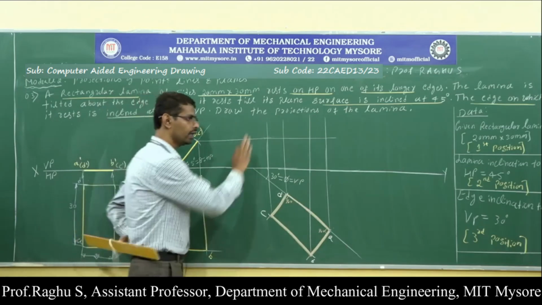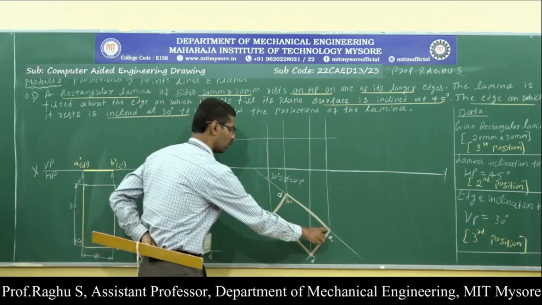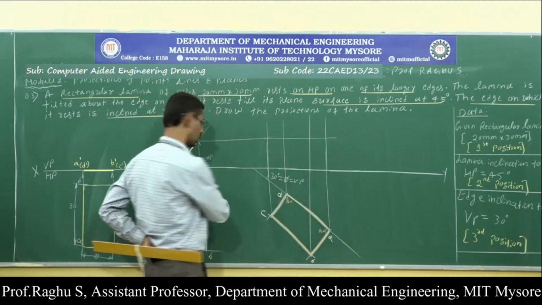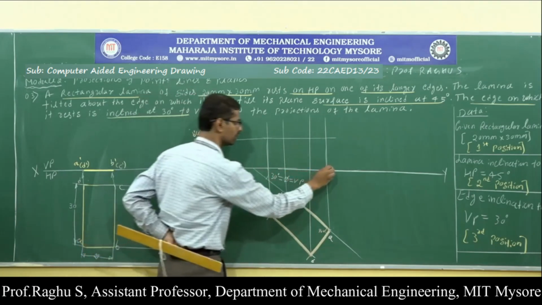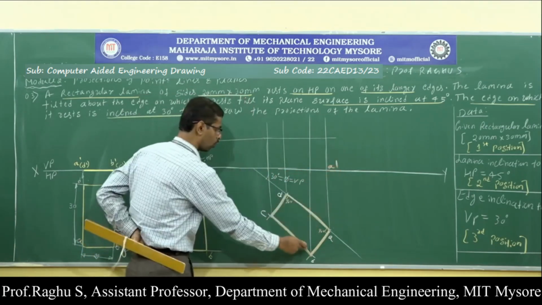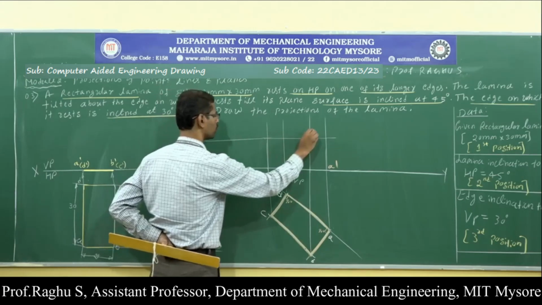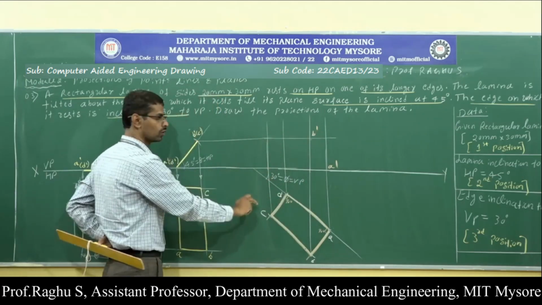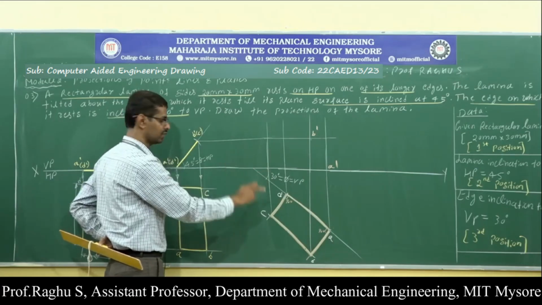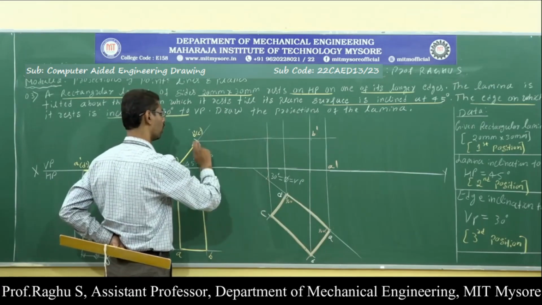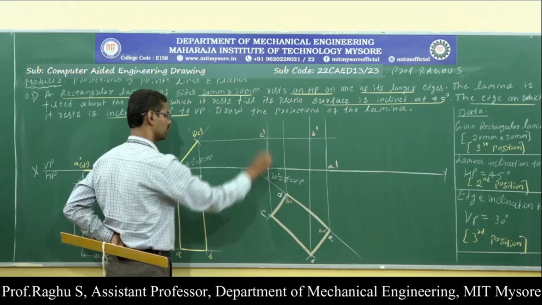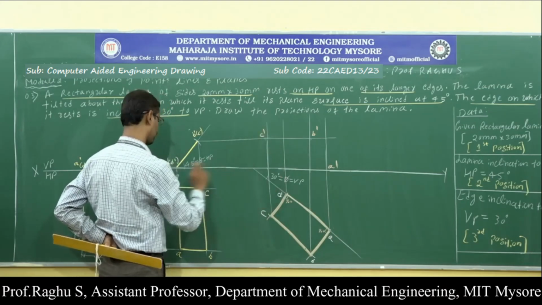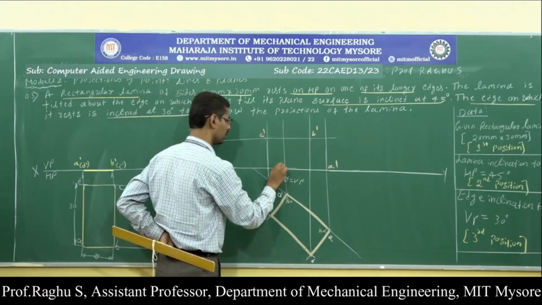Now locate the 4 corners. Vertical projection from point A, horizontal projection from point A, so this is point A dash. Vertical projection from point B, horizontal projection from point B, this is point B dash. Vertical projection from point C, horizontal projection from point C, C dash. Vertical projection from point D, horizontal projection from point D, D dash.